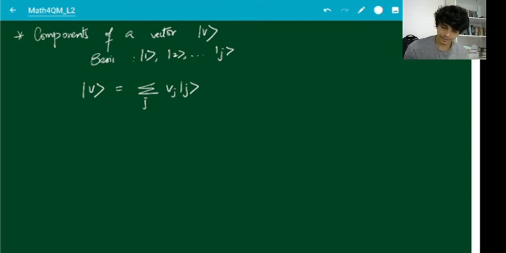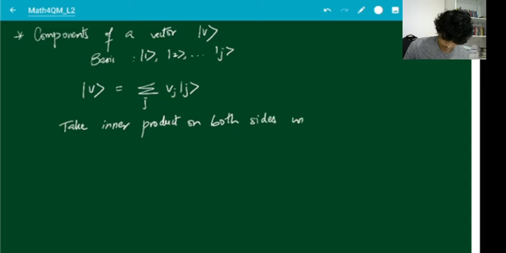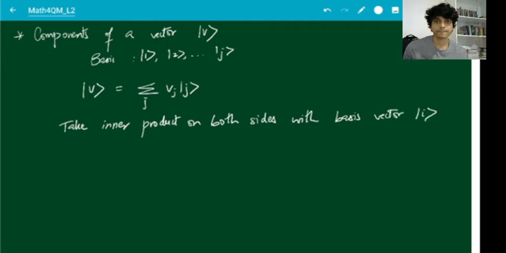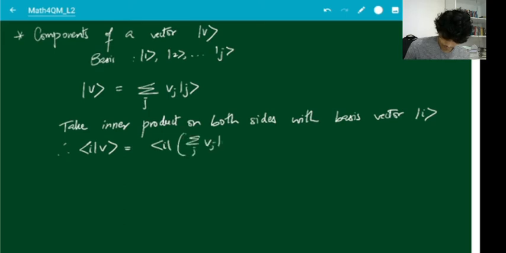So if I take the inner product of this vector v with basis vector i, so I'll say take the inner product on both sides with some other basis vector i.